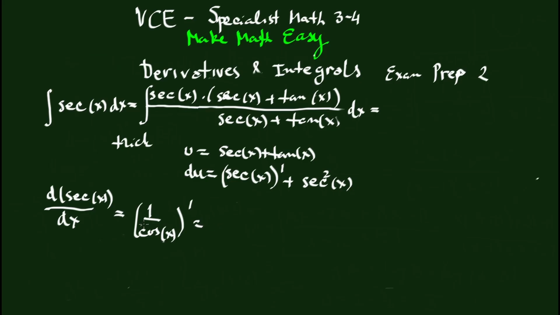So we can do a substitution, because this looks like 1 over something, and that's u to the power minus 1. We'll substitute cosine of x with u. And then what's our du? Oh, we do know that. That's minus sine of x.